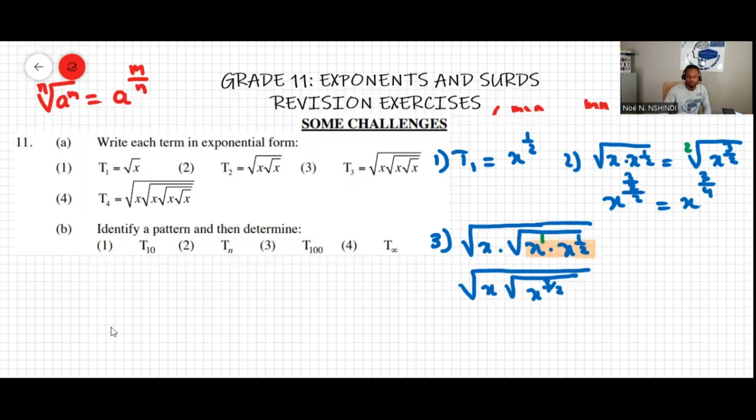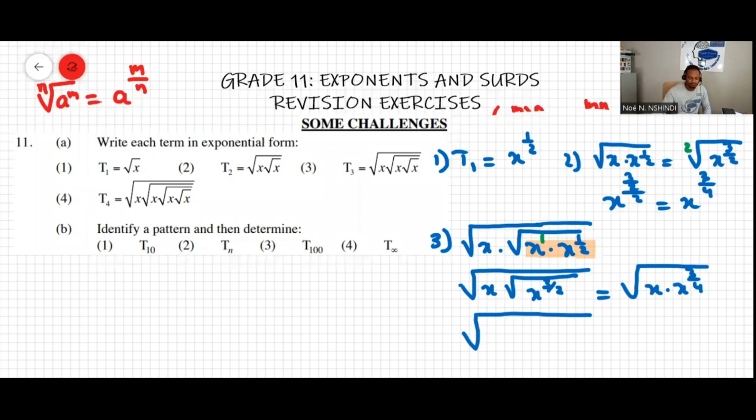Now we did prove already that the square root of that equals x to the 3 over 4. So I can just write there the square root of x times x to the 3 over 4. Now we can combine these again.